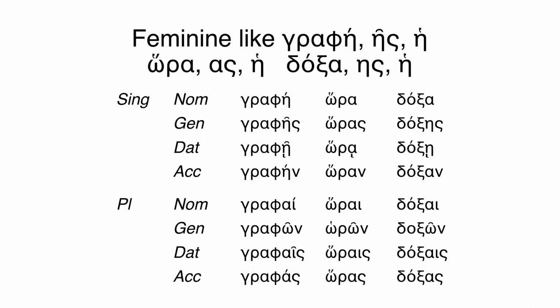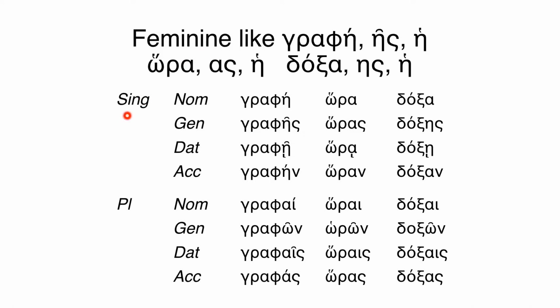First, back to grafe. The feminine singular nominative of grafe is grafe. So you've got the stem ending in the letter phi, and you've got the eta ending, indicating that it's a feminine singular nominative noun. The feminine singular genitive form is grafes, this time with eta and a sigma for the genitive.